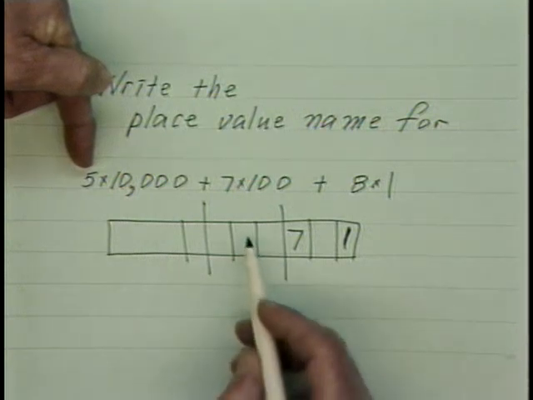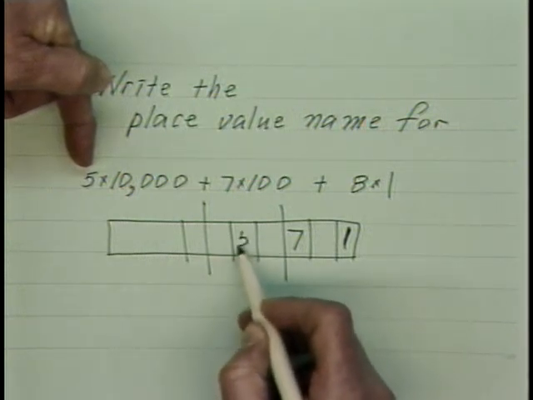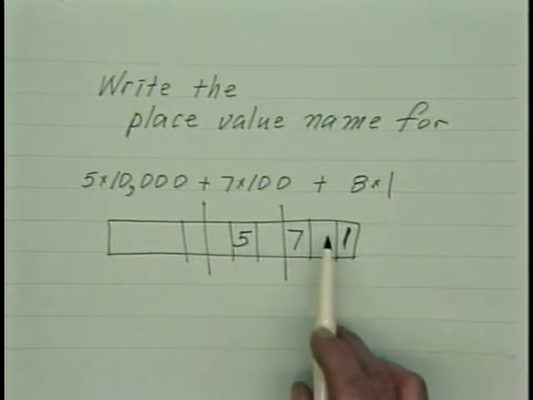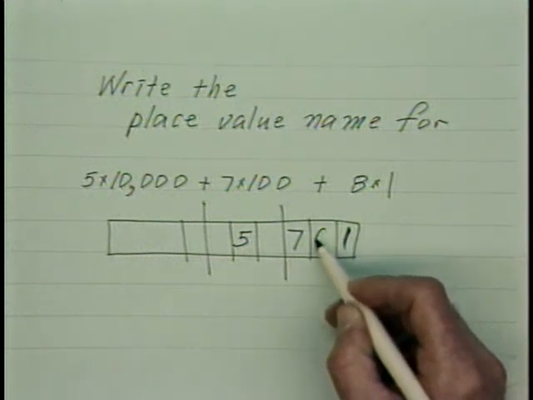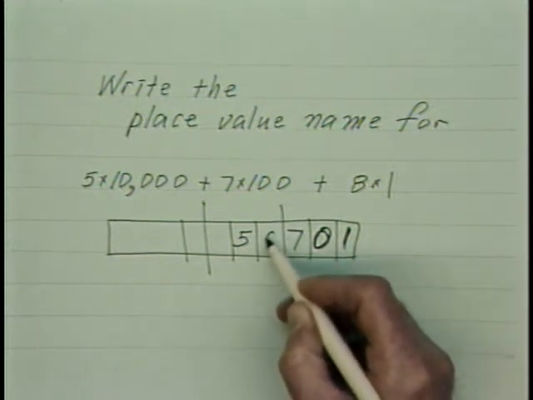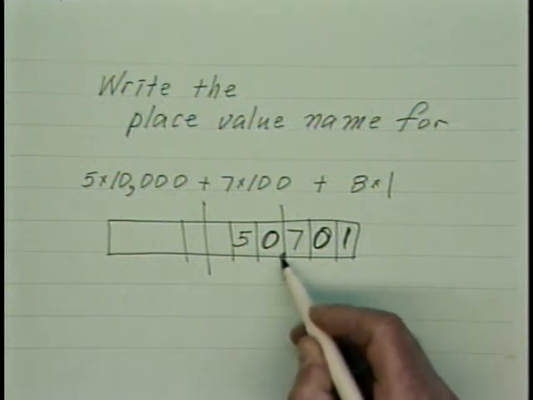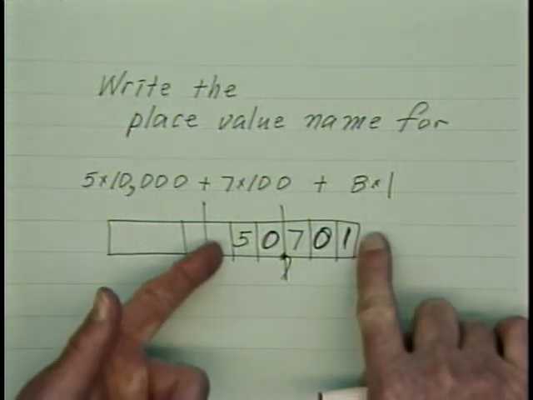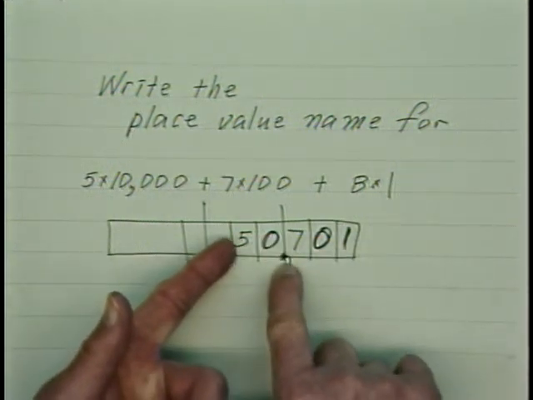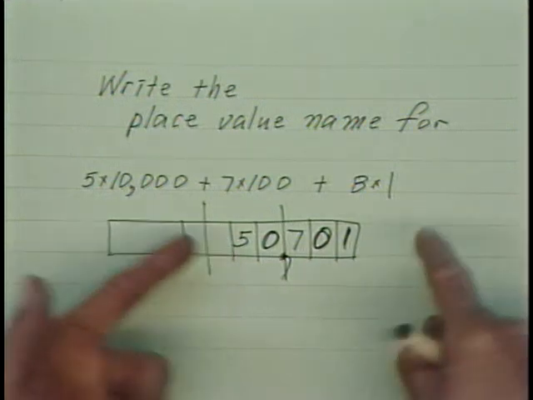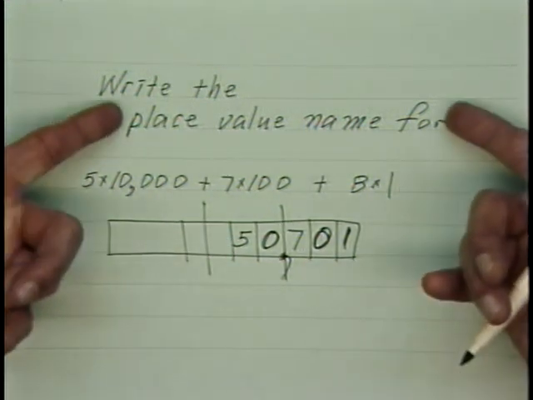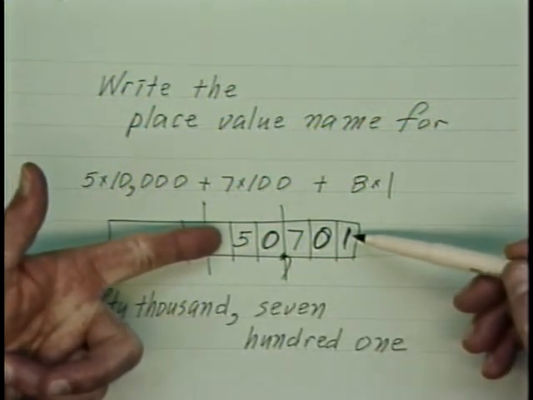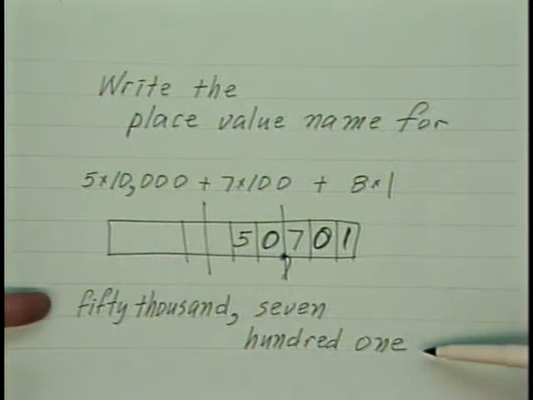So here's my 1,000, 10,000, and I have 5 of those. And of course, these in-between spots we have to fill with a placeholder 0 so we won't lose track of our sizeness, which we call magnitude. So now reading this, we have 50,701. Expanded form, place value form, or if you will, place value name, and word name.